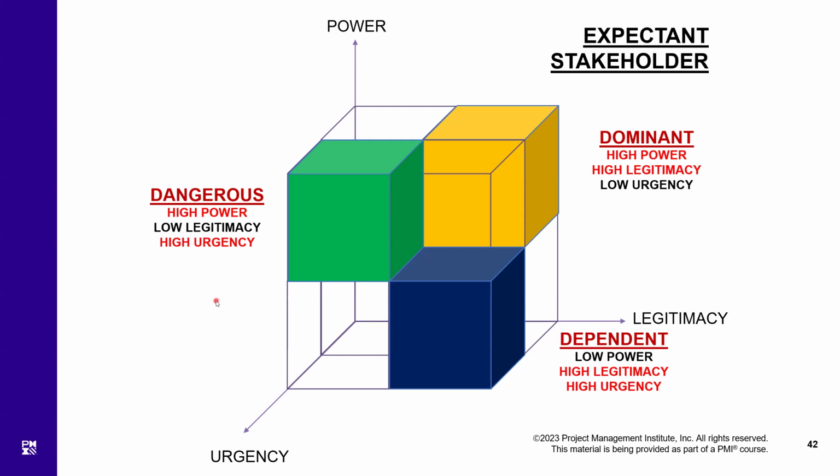Got it? The dependent is low in power. I thought it was just low in urgency. No, you can see it here, the blue one. On the scale of power, which moves from this point upwards, is this cube up or down?